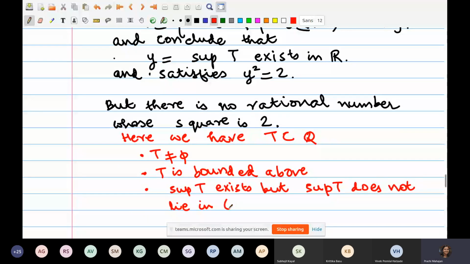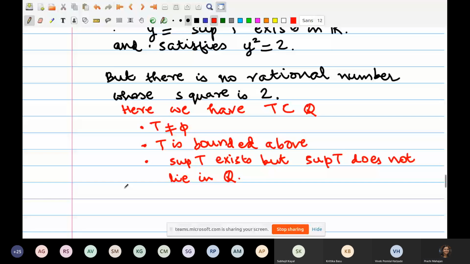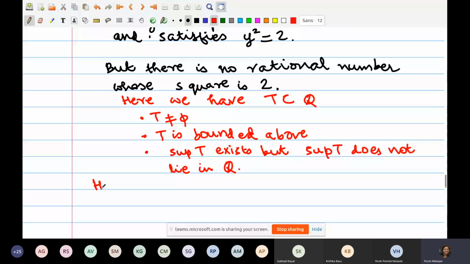Is that okay? Everybody sees this? Yes? Now, this is saying that the ordered field of rational numbers is not complete. Conclusion: hence, the ordered field Q is not complete.